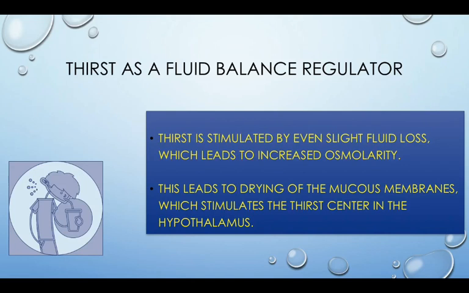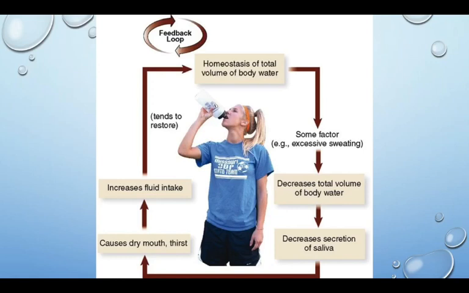So if we get a little dry, meaning our blood is a little concentrated, it becomes higher osmolarity, and that stimulates the thirst center in the hypothalamus. That leads to drying of the mucous membranes, which stimulates the thirst center in the hypothalamus, which makes us want to drink.